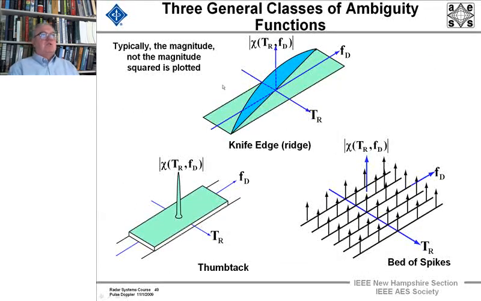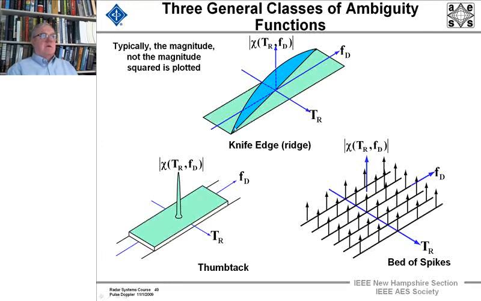Now, there are 3 general classes of ambiguity functions. And note I'm plotting here just the magnitude, not the magnitude squared of the ambiguity function. A knife edge or ridge form, what we call a thumbtack form, where we have a slab of energy and a well-defined spike.